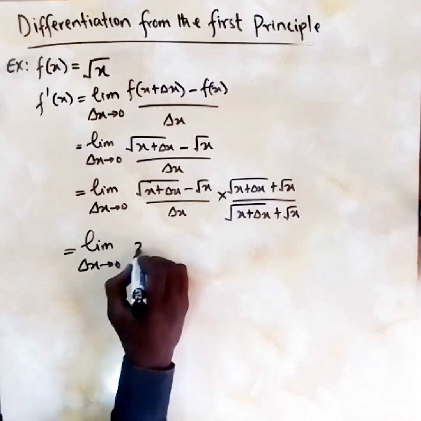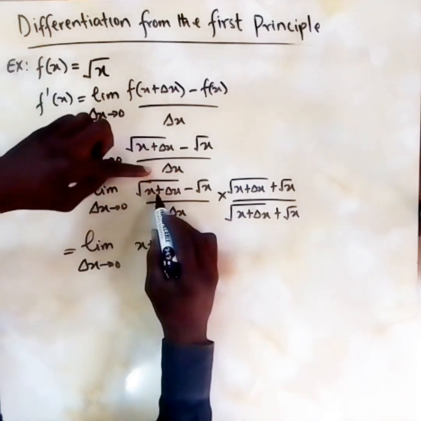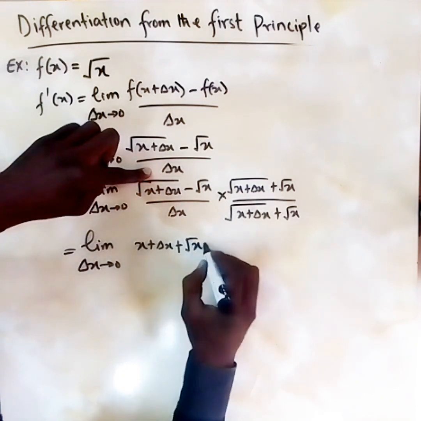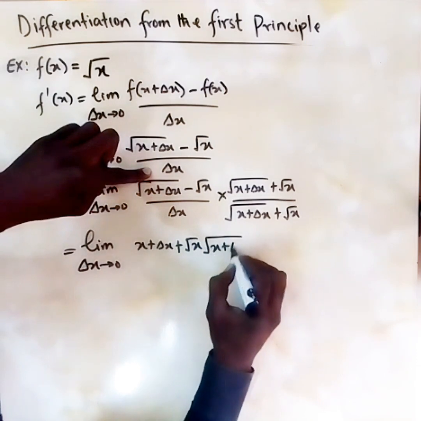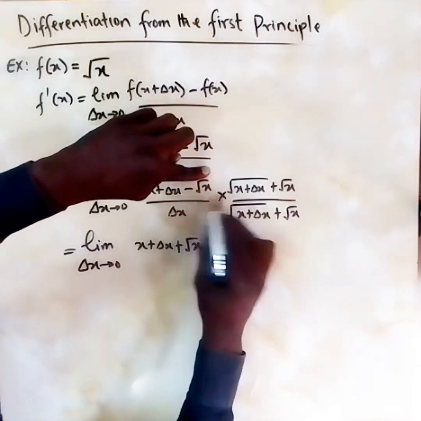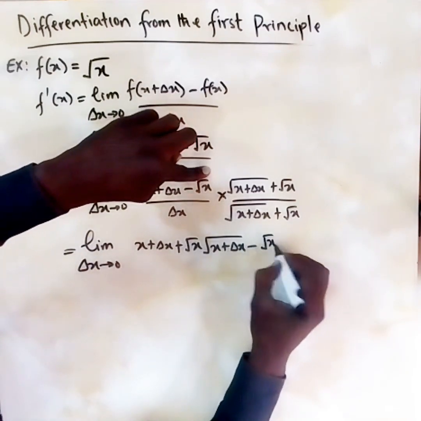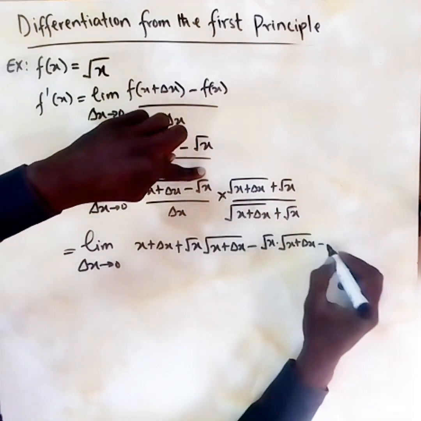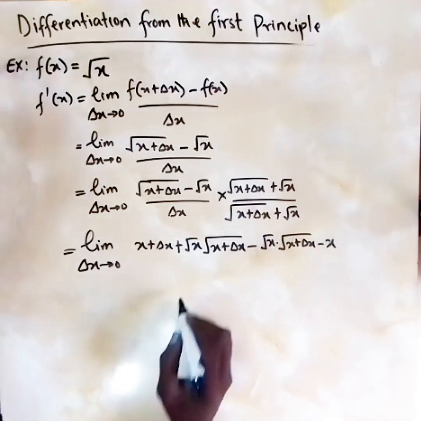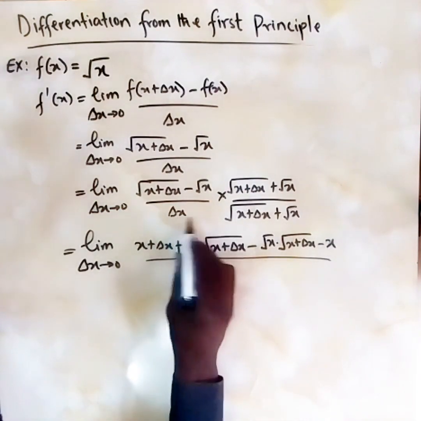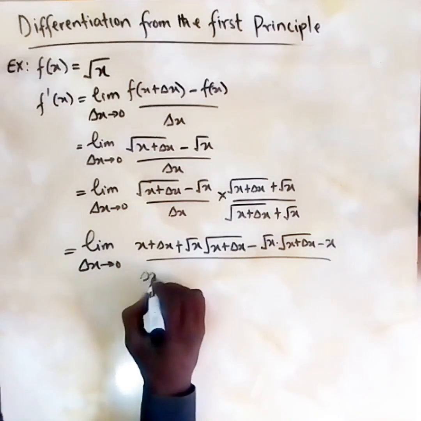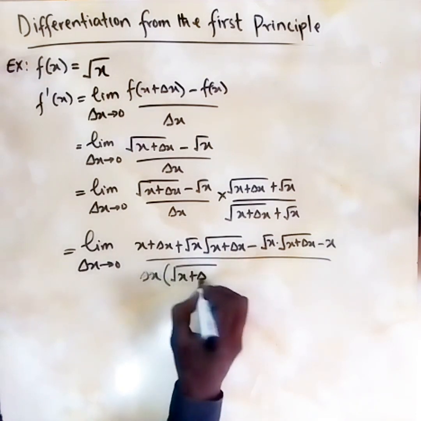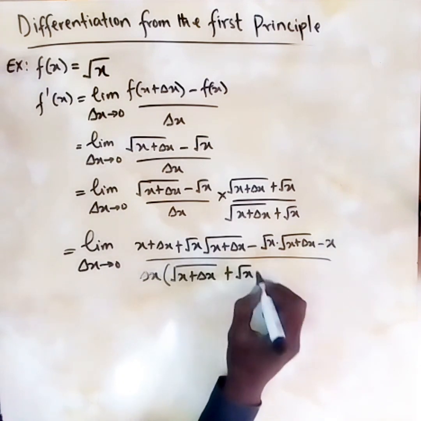This time this is x plus delta x, and this time this is plus square root of x times square root of x plus delta x, then minus root of x times root of x plus delta x, and this time this is minus x, all over delta x times the bracket square root of x plus delta x plus root of x.